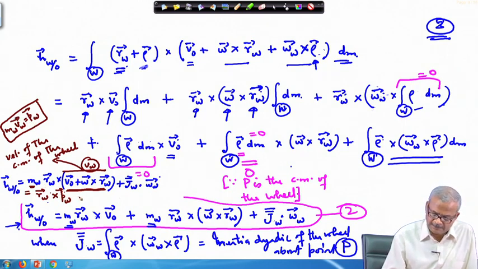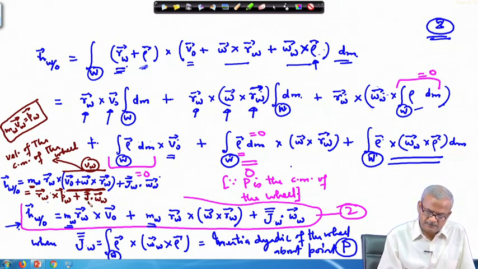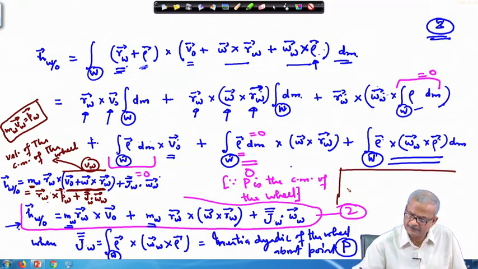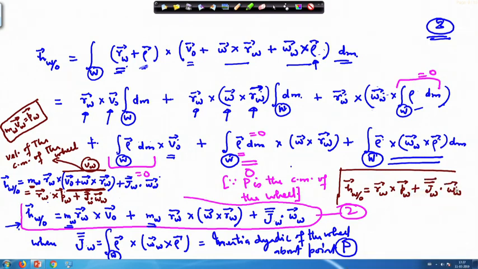So, we are writing here, and plus J double bar times omega_W. So, this expression will be especially helpful later on. So, here I am writing it finally: r_W cross p_W plus J double bar times omega_W.